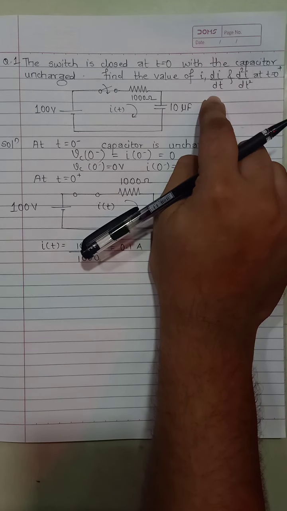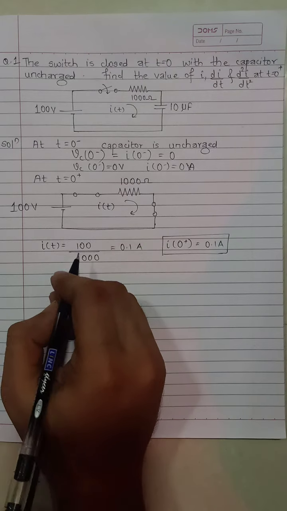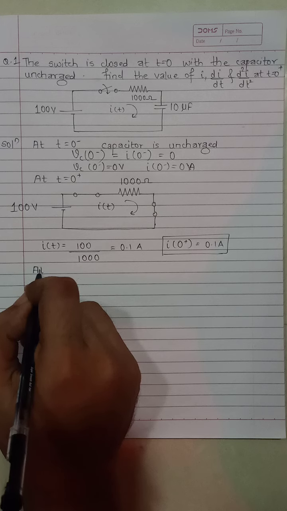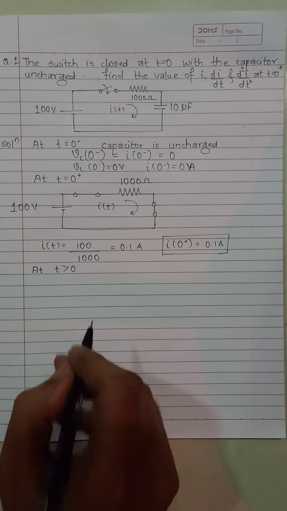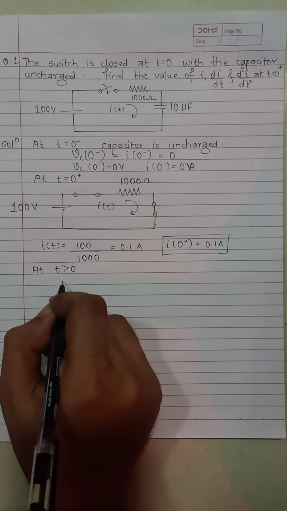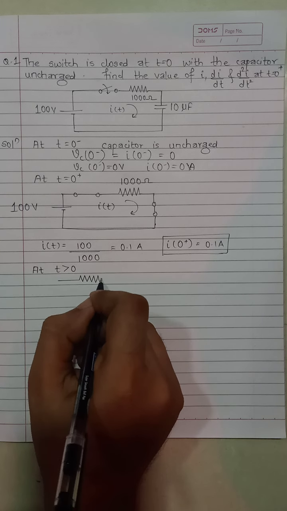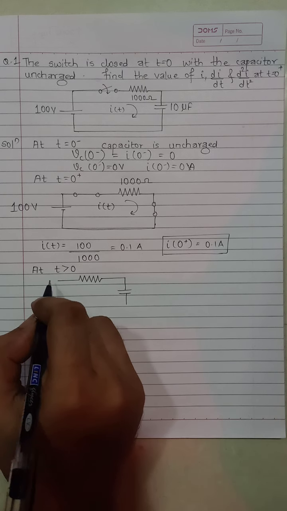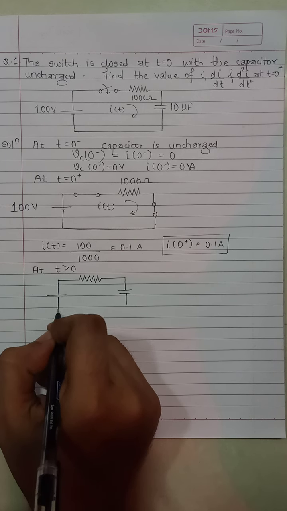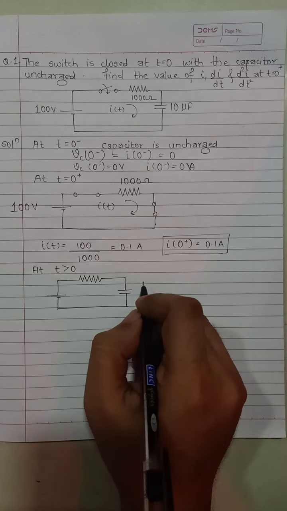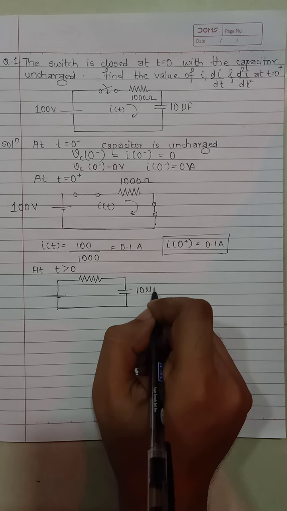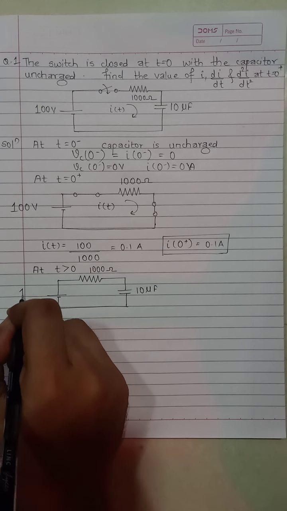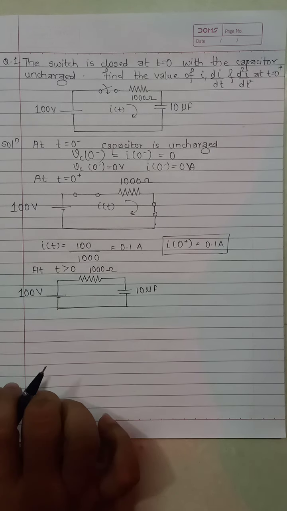Now I need to find di by dt at 0 plus. So I'll draw the circuit at t greater than 0. Now the capacitor will come into the picture: 10 microfarads, 1000 ohms, and this is 100.